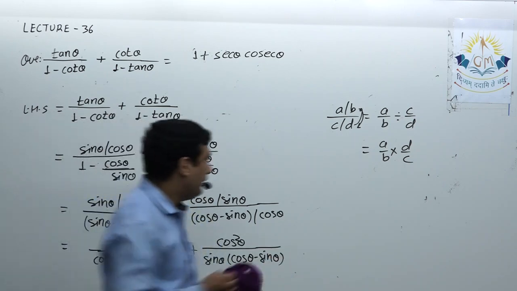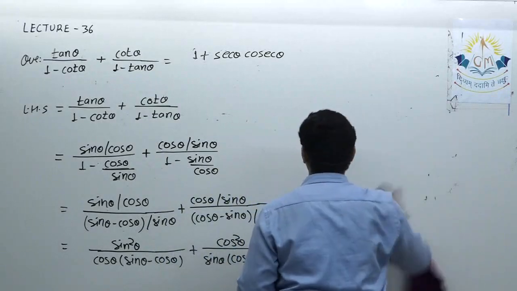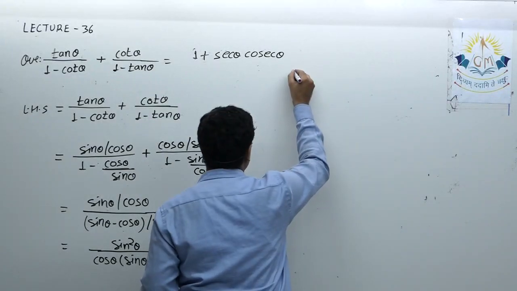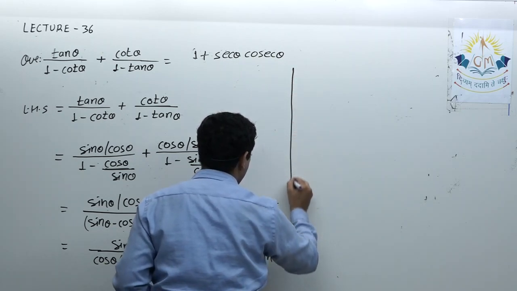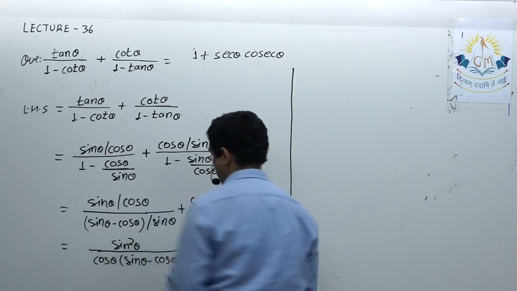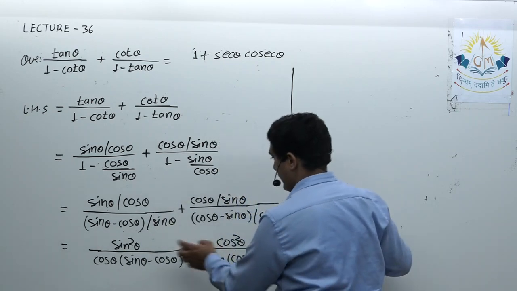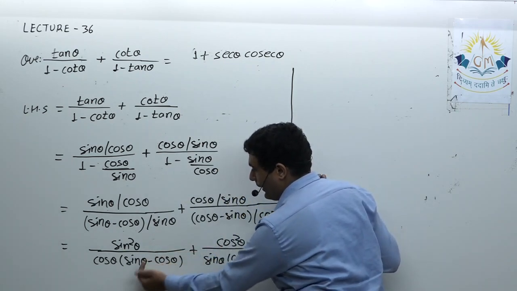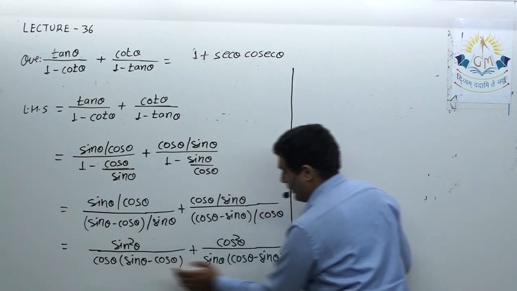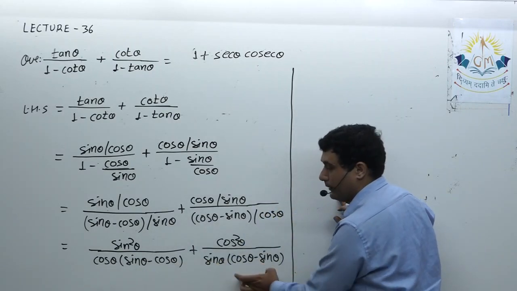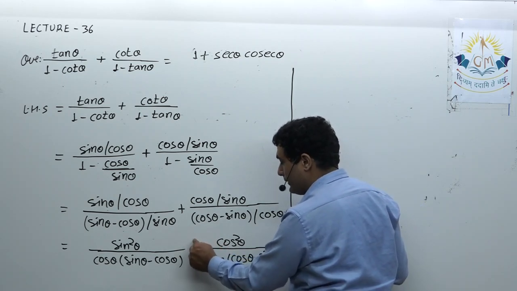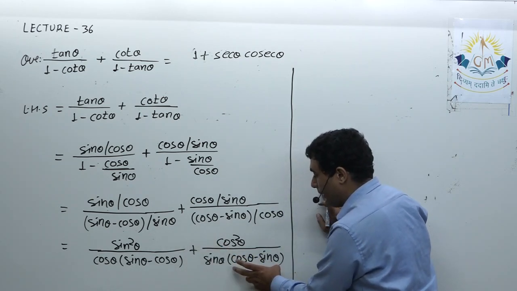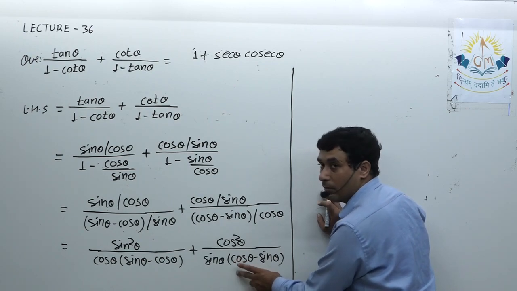Okay, I hope it is clear up to this point. Now next, see, now if you observe carefully, here we have sine minus cos and here we have cos minus sine in the denominator. That means if I make this sign minus, I can write here sin theta minus cos theta.